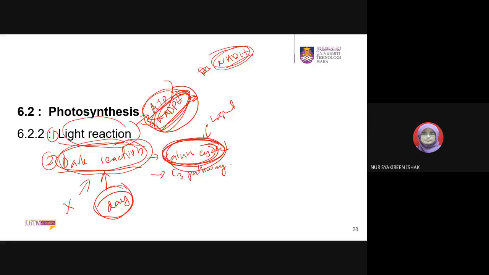The purpose of Calvin cycle is to produce sugar, glucose lah. So in order to produce glucose, Calvin cycle has to occur during daylight. Ini misconception, bila ada dark reaction, dia boleh juga berlaku pada waktu malam, tak ya? It has to occur during daylight.